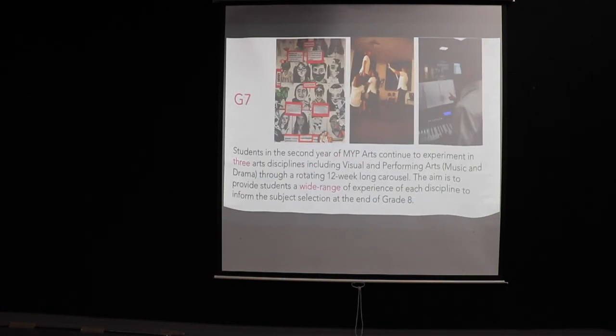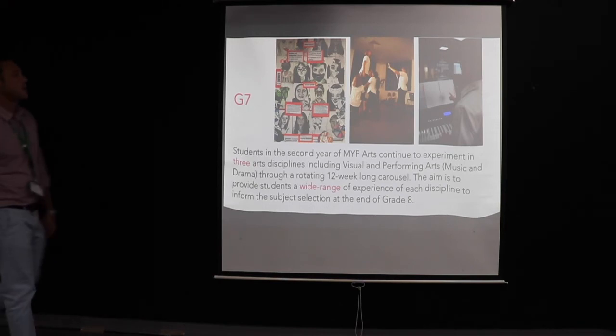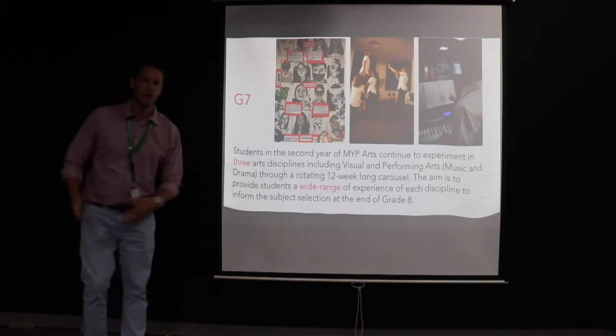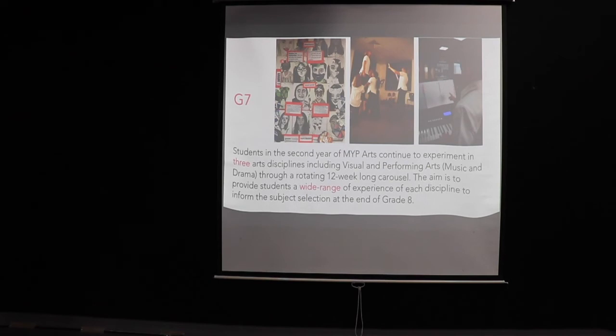In grade 7, again, it's the second rotation. This time in visual arts, they go back to flat work, okay? And we noticed that in grade 7, students are very keen with their selfies and self-image and all this good stuff.